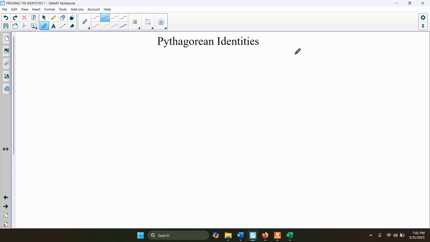So what's the Pythagorean theorem? When we had a triangle, we're going to call these A, B. It doesn't matter which one's which, and we're going to call this letter C. But C is always reserved for the hypotenuse. Remember that's always the case. So we always say the Pythagorean theorem is A squared plus B squared equals C squared.